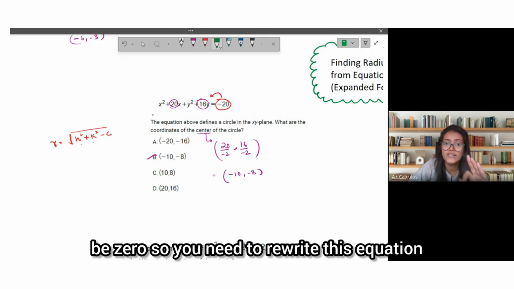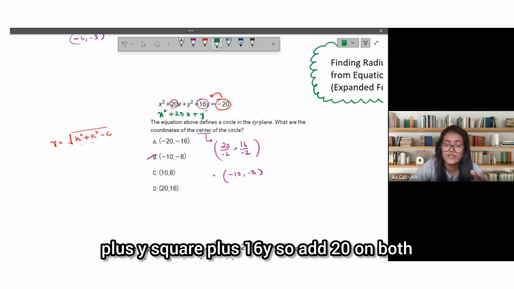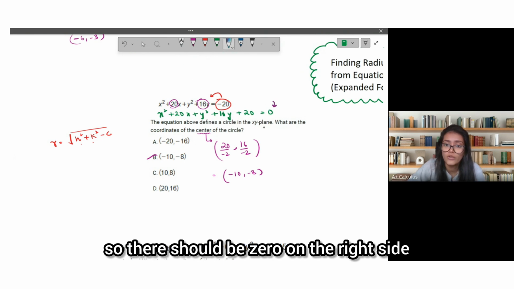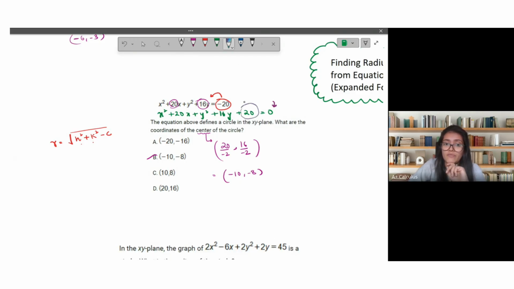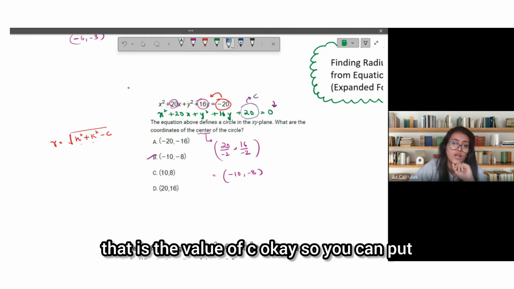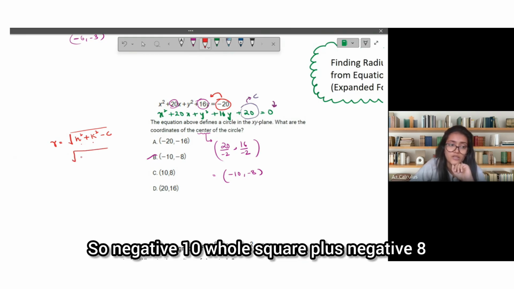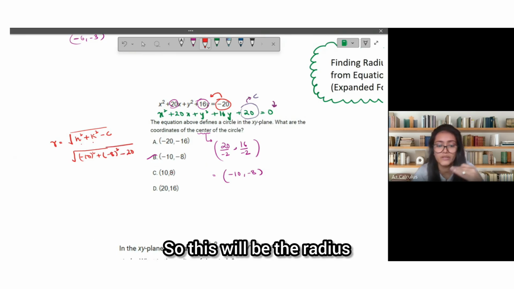So you need to rewrite this equation: x square plus 20x plus y square plus 16y, so add 20 on both sides, you get plus 20 equals 0. Then whatever constant term you have on the left hand side, that is the value of c. So you can put the values in this expression: -10 whole square plus -8 whole square minus 20. So this will be the radius.